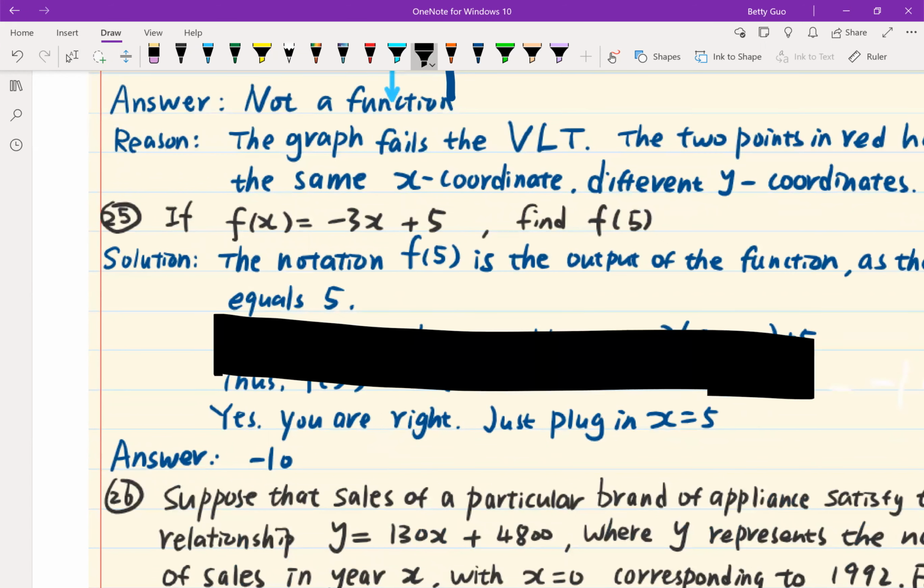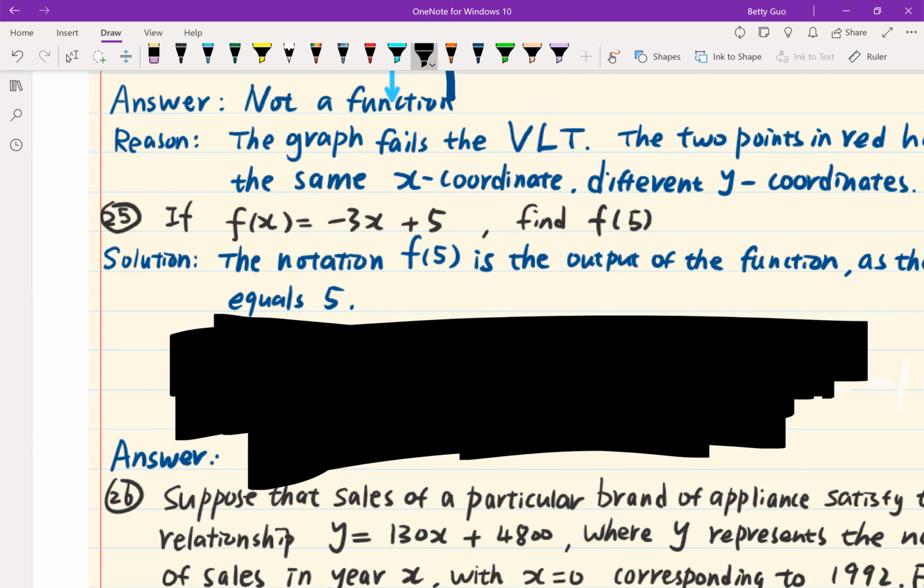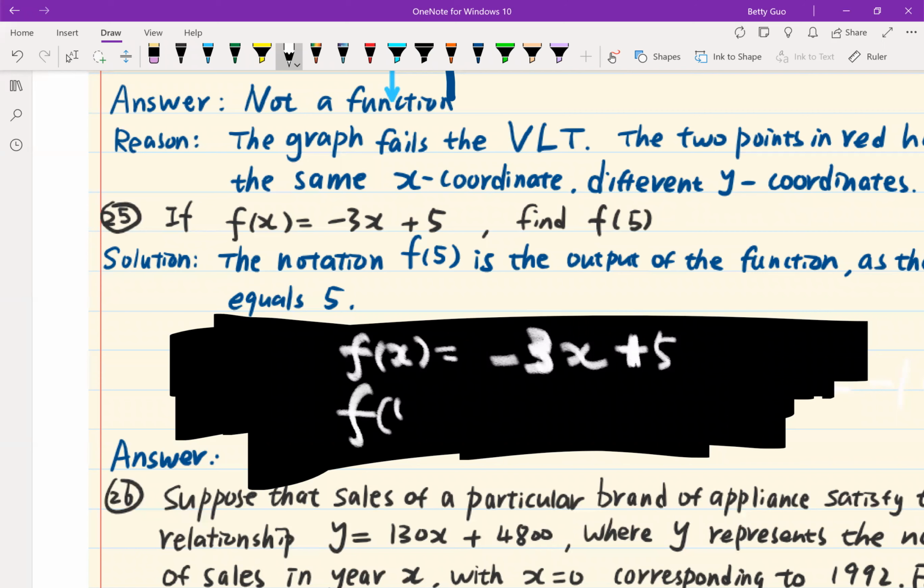Number 25 is very straightforward. You have f of x equals negative 3x plus 5. Find f of 5.